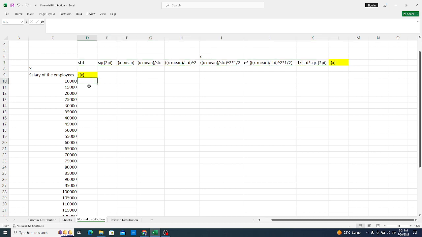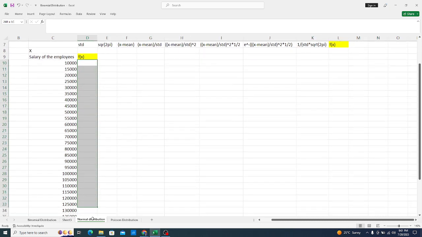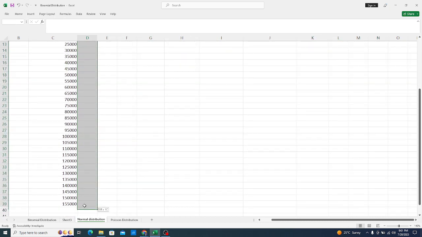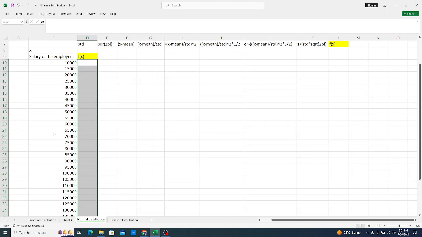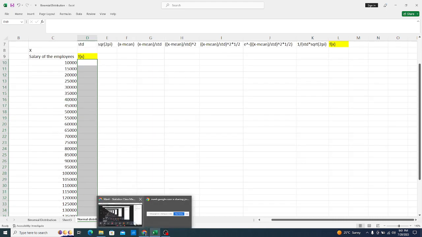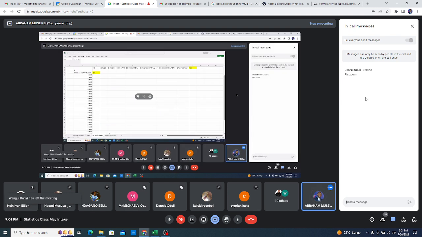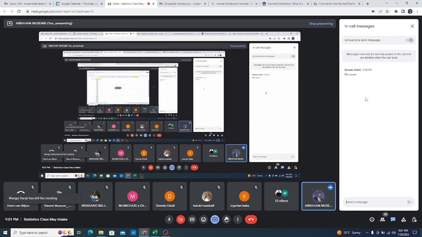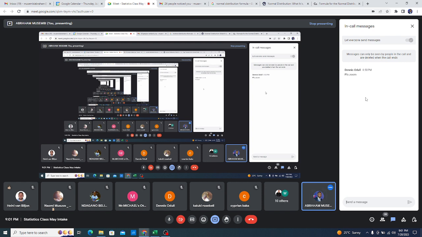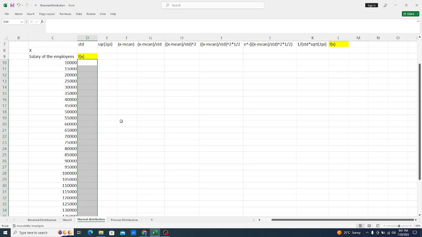Now I want us to calculate the normal probabilities of all these employee salaries. Are we together up to that point in terms of our objective? We are good. Nice. Thank you.